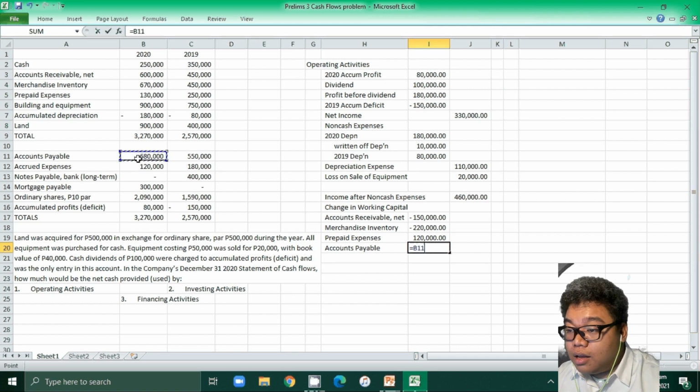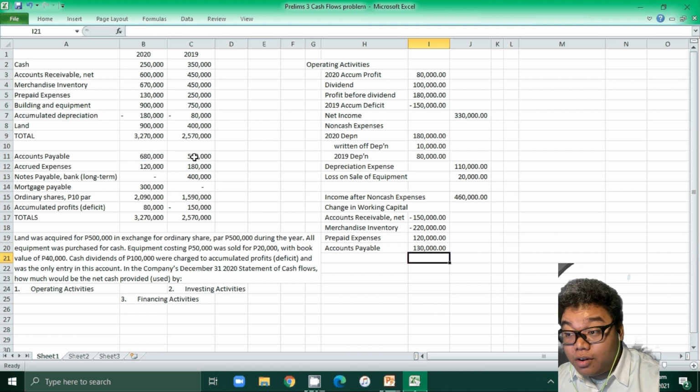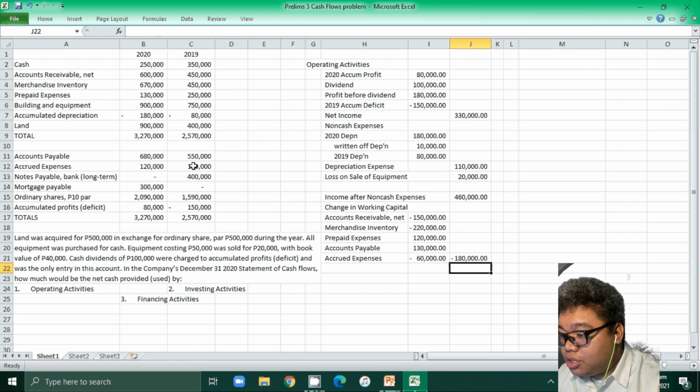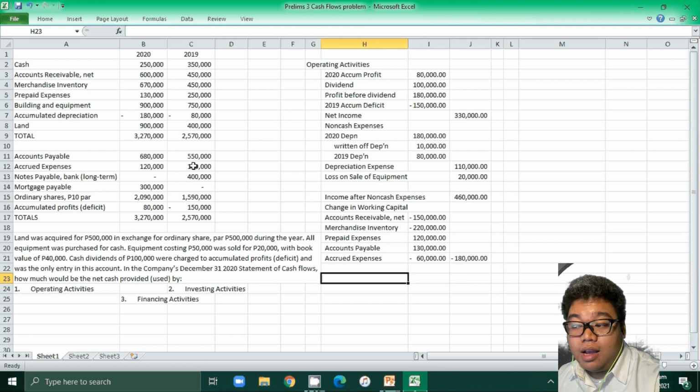So there is an increase of 130,000 for accounts payable, which would be added to our analysis in operating cash flows using the indirect method. While for accrued expenses, there is a decrease of 60,000, so that would be deducted. So the change in working capital would be negative 180.